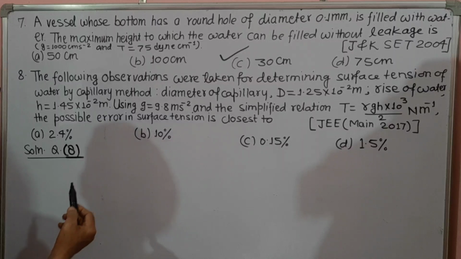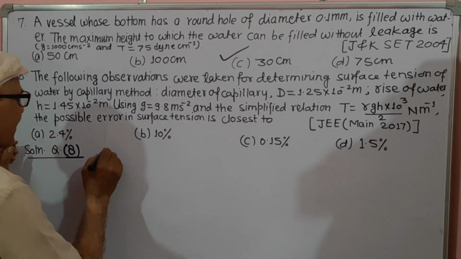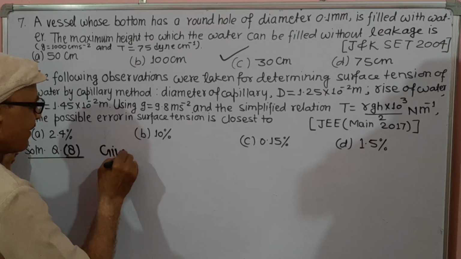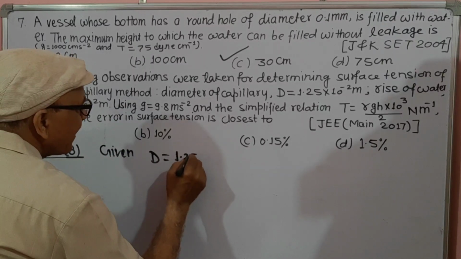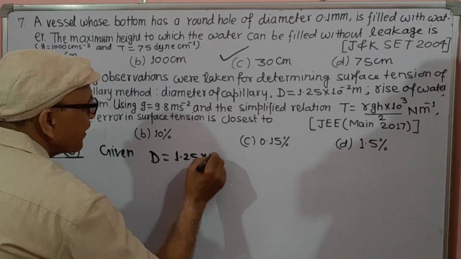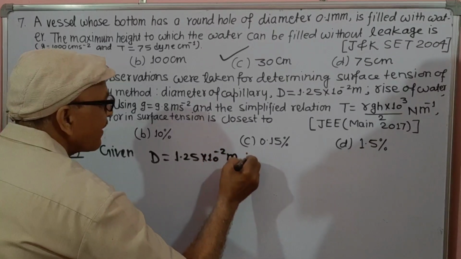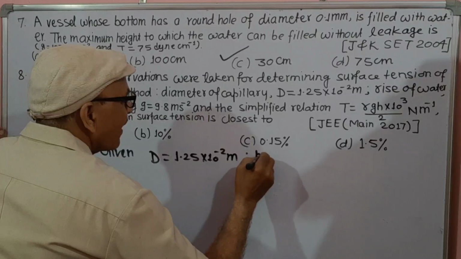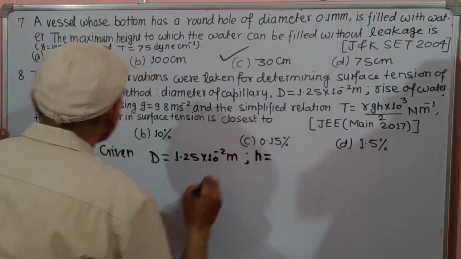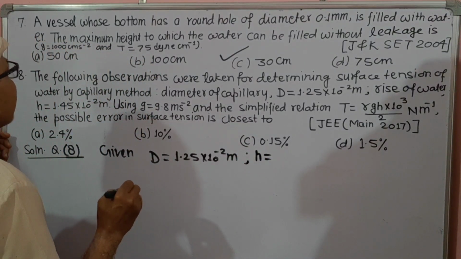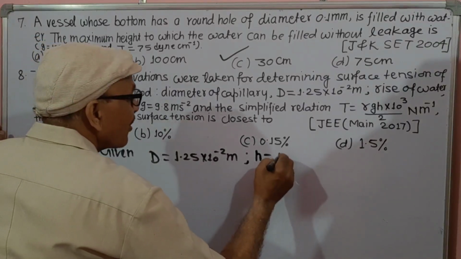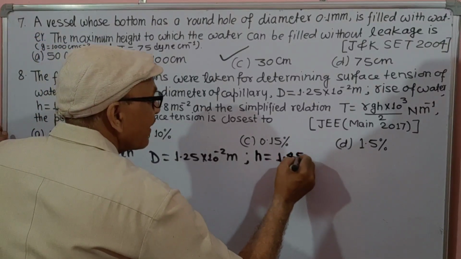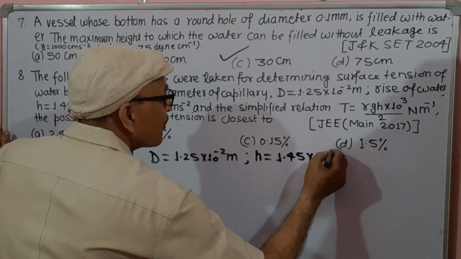Solution to question 8. Given diameter D is equal to 1.25 into 10 to the minus 2 meter. Height of rise of water in the capillary is H is equal to 1.45 into 10 to the minus 2 meter.